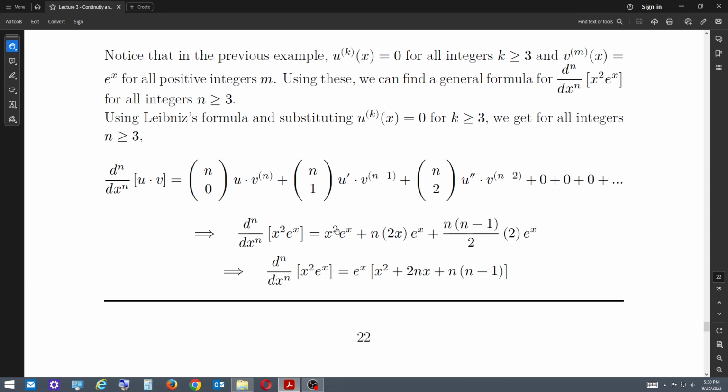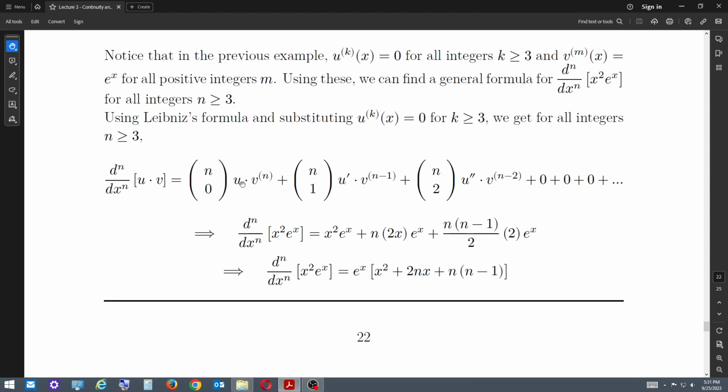Now n choose 0 is 1, n choose 1 is n. Now n choose 2 is not one I had stated before, but this can sometimes be useful to know. n choose 2 works out to be n times n minus 1 over 2. And again, you can get that from the formula if you weren't sure. Once you cancel everything that you can cancel, you will get this, n times n minus 1 over 2.